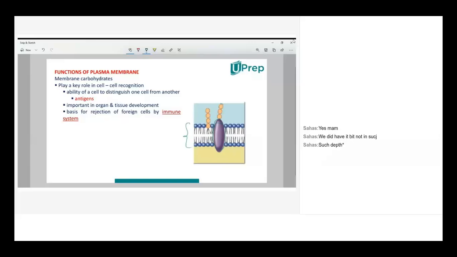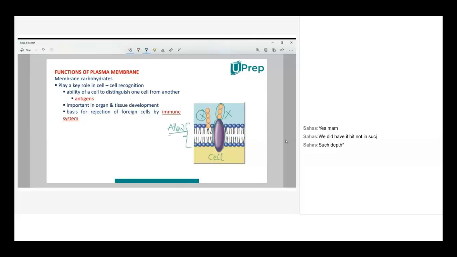What happens is, assume that this is a molecule which was already there on the plasma membrane, and the plasma membrane is a cell. Assume that this is a cell which had already recognized this protein. Assume that it is a protein X. So if in future the same kind of protein X tries to get into the cell, the plasma membrane will allow it to move into the cell.